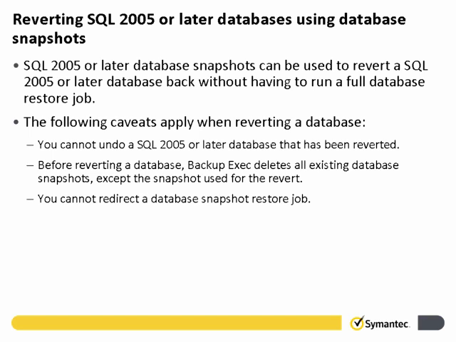Once you revert to the snapshot, it is what it is, and that database will be complete as it is. Backup Exec will delete all existing database snapshots except for the one being used to do the revert, to backdate the database. You cannot redirect database snapshot restores. Those must go back to the SQL server from which they were created.